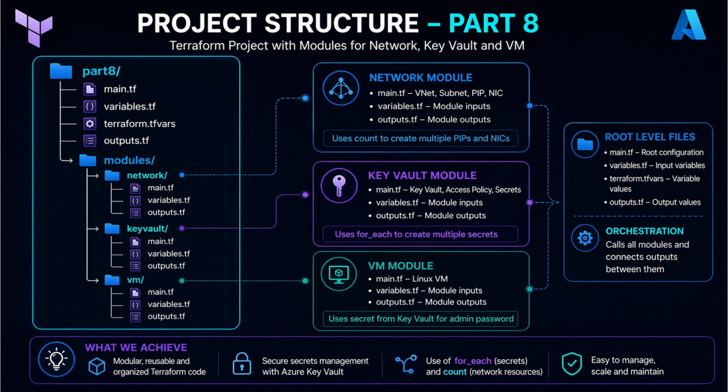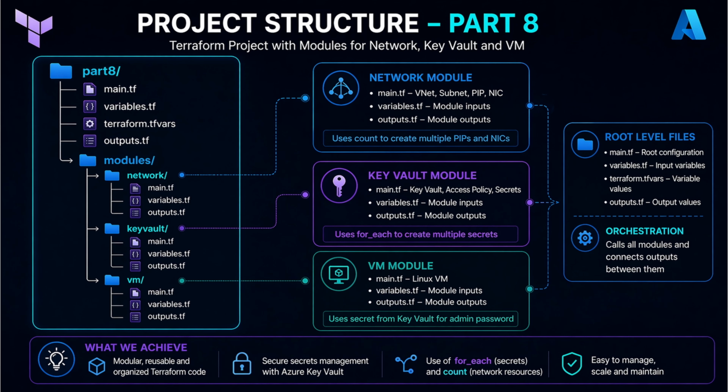So in this scenario, we are going to build a small but real-world Terraform deployment in Azure. We'll create a Windows VM, but instead of hard-coding the admin password inside the code, we'll generate the password automatically and store it securely inside Azure Key Vault. Then Terraform will retrieve that secret from Key Vault and use it for the VM deployment. We'll also use for_each to create multiple secrets dynamically inside Key Vault.